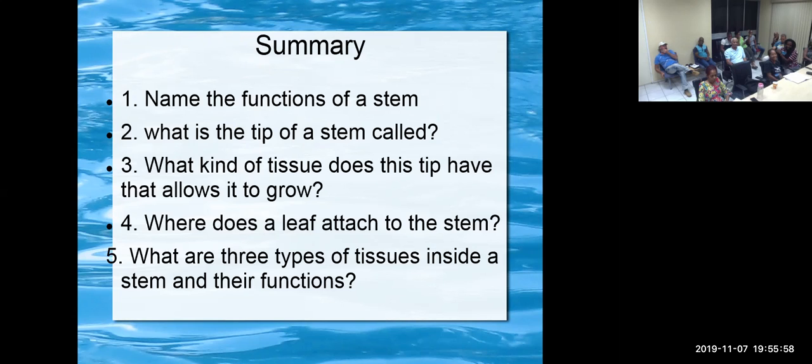What does cambium do? Cambium makes the rings. It's on the outside. That would be the epidermis. I need a hint here, Steve.